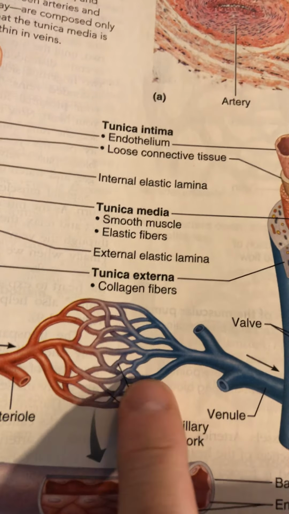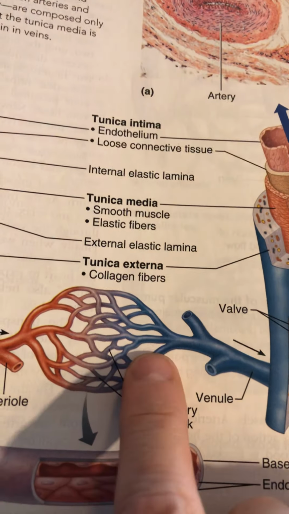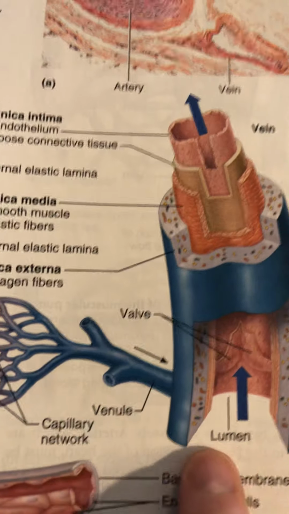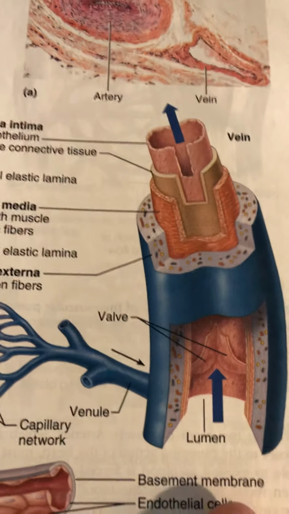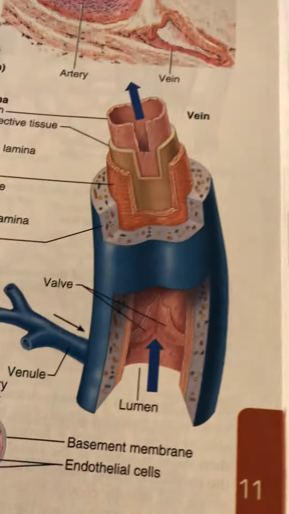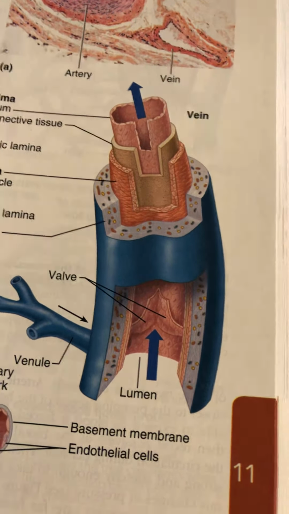And then all of this material will travel back toward the heart through these little venous capillaries, then into the venules, which are small veins, and then into the larger veins, and the blood will travel back towards the heart. Okay, so that's a little bit on the anatomy of capillaries, veins, and arteries.